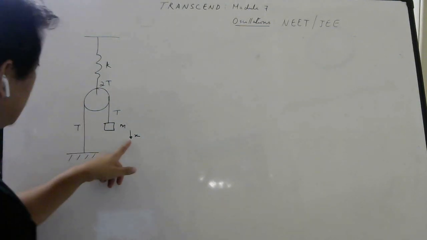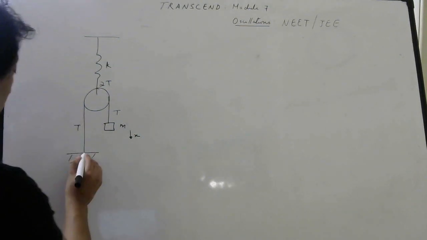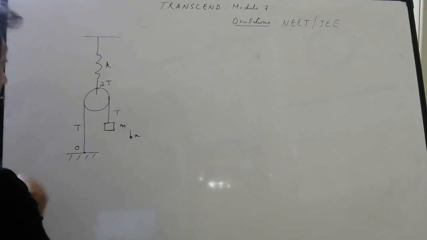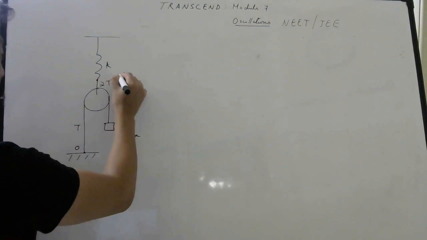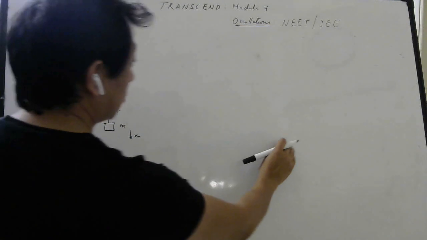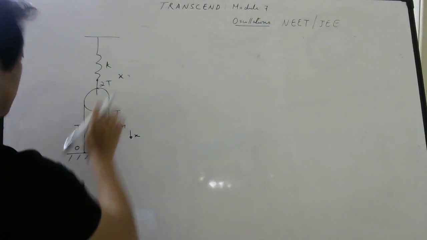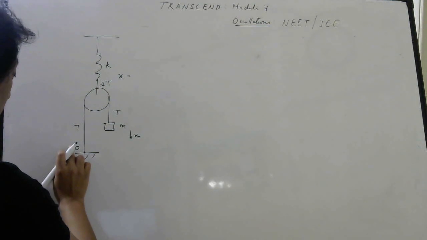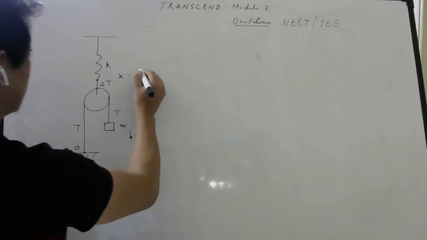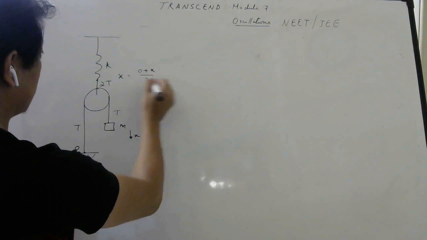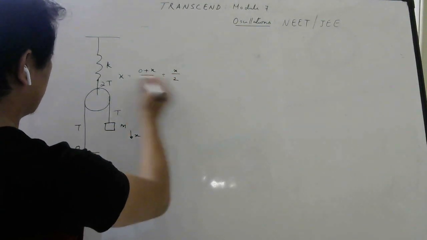Now here if the displacement is x, this end is fixed, right? So this end will have 0 displacement. So this end will have a displacement according to the pulley formula which I wrote. The middle end of the pulley will have a displacement which is the average of the displacement of this end and that end. So it will be 0 plus x by 2, which will be how much? x by 2.